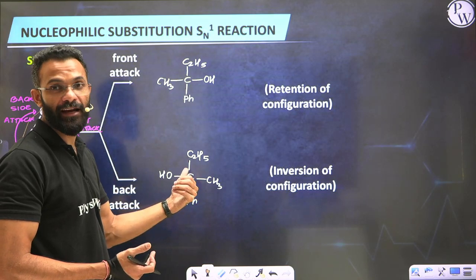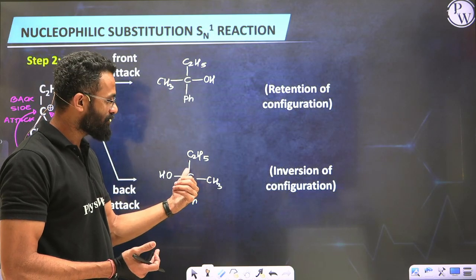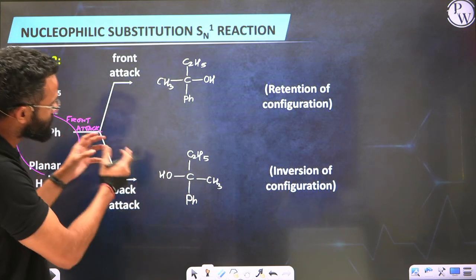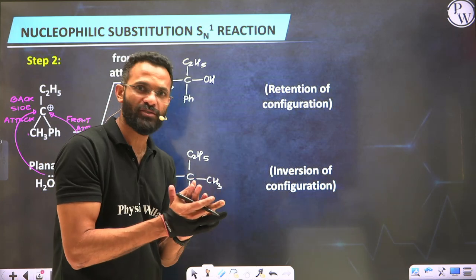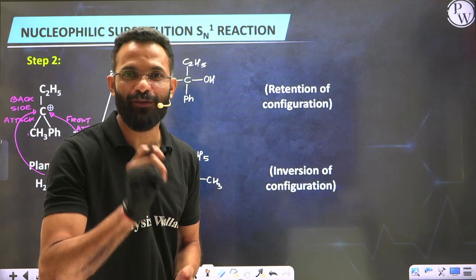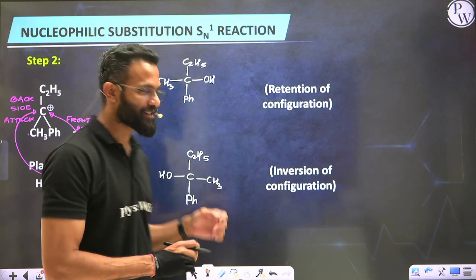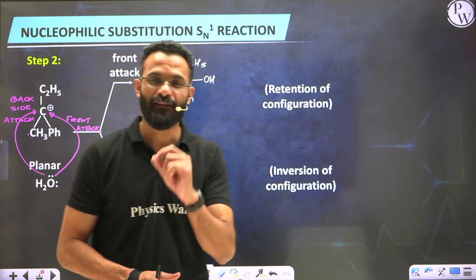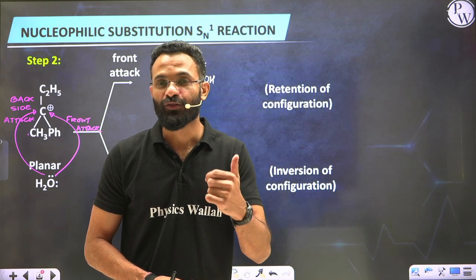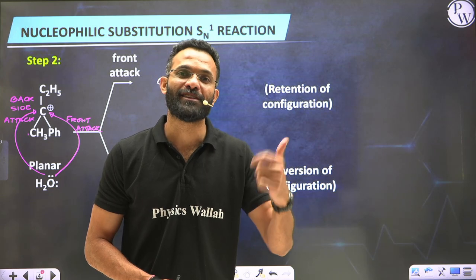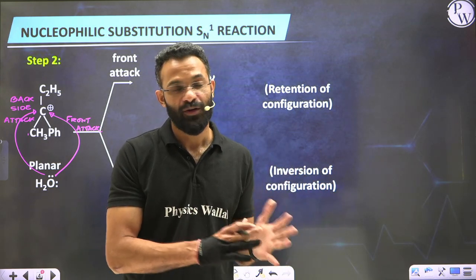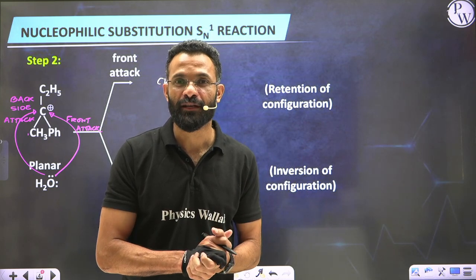So here I have two optically active isomers of the same compound, and we are considering that the attack is equally probable and hence both must be obtained in equal amounts. So I can say that this is a racemic mixture. However, the fact is the product that you get is never a perfect racemic mixture. Rather, the product we get is called a partial racemic mixture, and the process is called partial racemization. I'm going to explain that to you in detail.